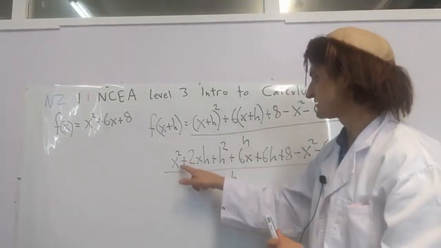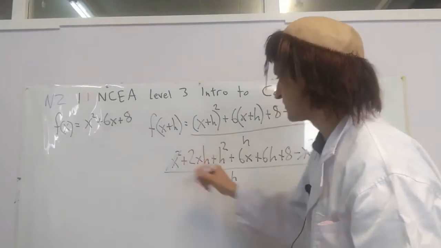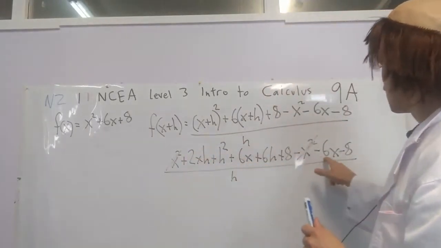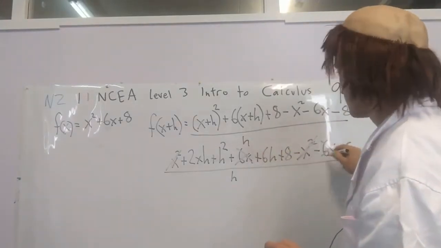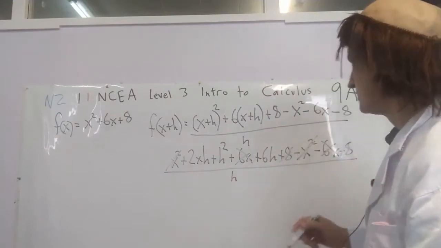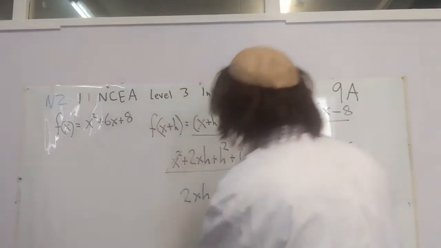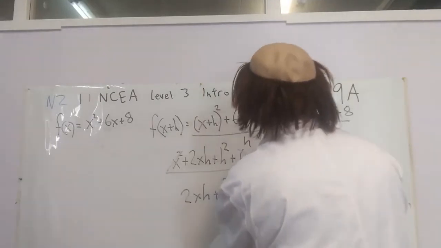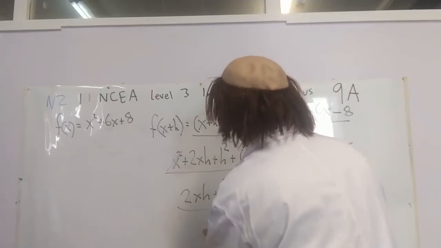Now, as we can see, this x squared cancels with that x squared, so we'll cross them out. This 6x and that negative 6x cancel out. This 8 and this negative 8 cancel. So we're left with 2xh plus h squared plus 6h, divided by h.